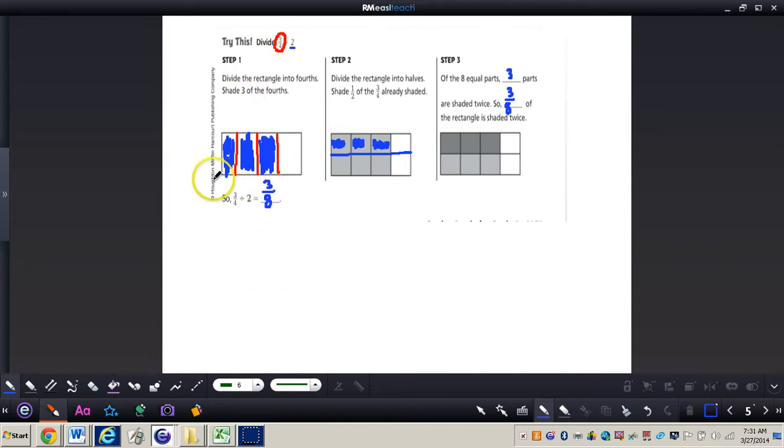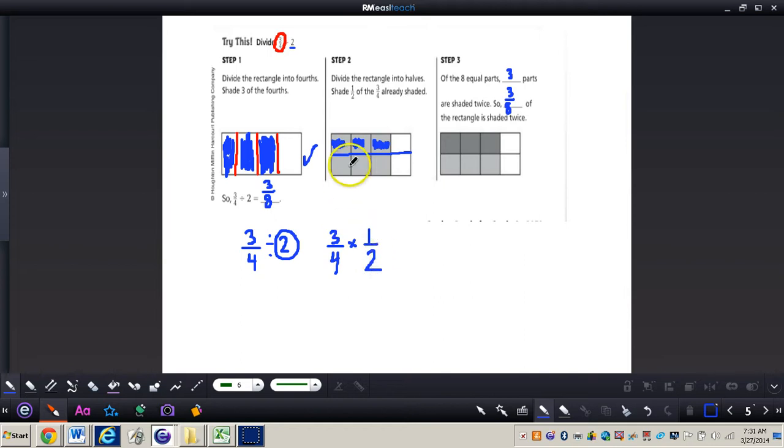Okay, so let's take a look at that a little bit more mathematically. This is, like I said, showing you how to do it or what it looks like. So we have that 3/4, and we're going to divide it by 2. Whenever we're dividing fractions, we always do the reciprocal of the divisor. So we take 3/4, which is shown right here, and we're going to multiply that by 1/2.